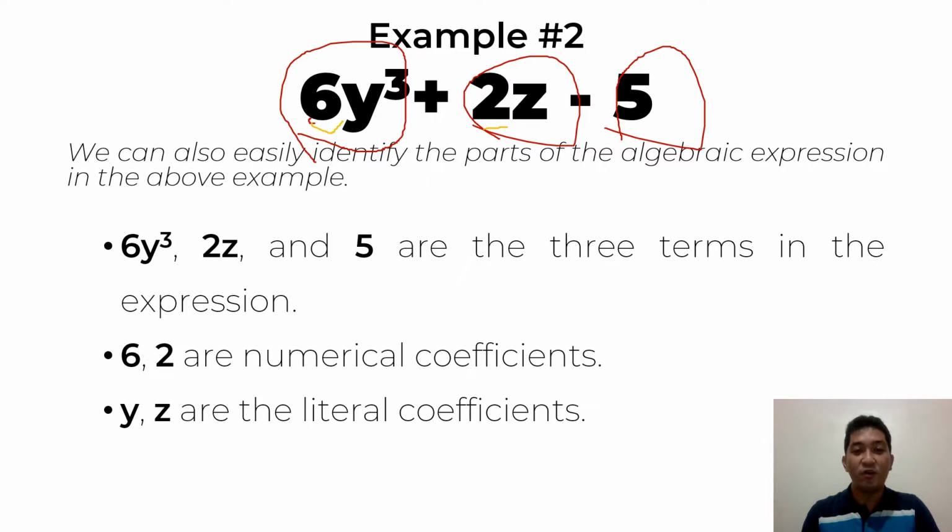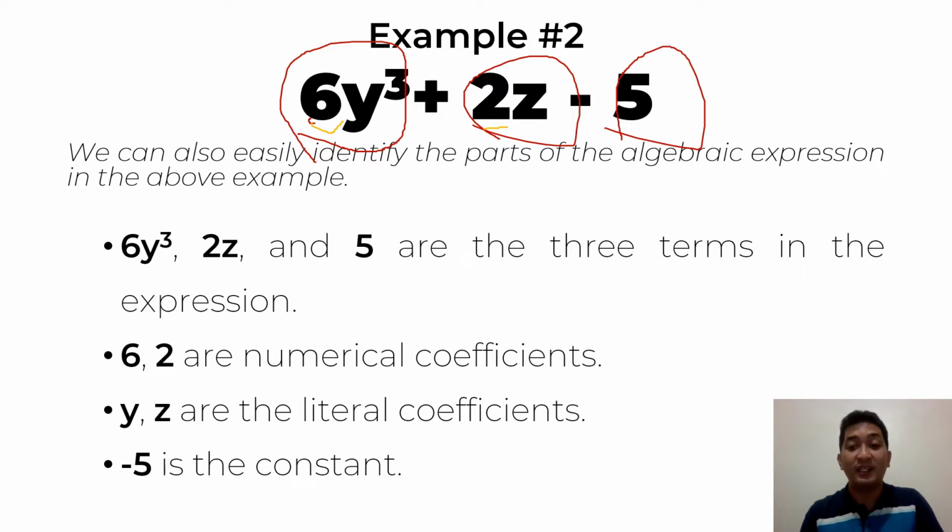And we have y and z are the literal coefficients. Again, from the word itself, literal, letter. Okay, kunin na lang natin yon. Letter, y, and z. What letters do you see? Those are the variables. Those are the literal coefficients. And we have negative 5 is the constant. Okay, negative 5.